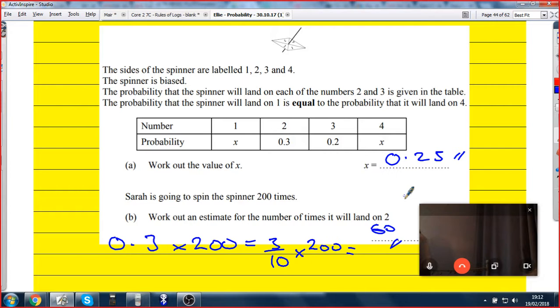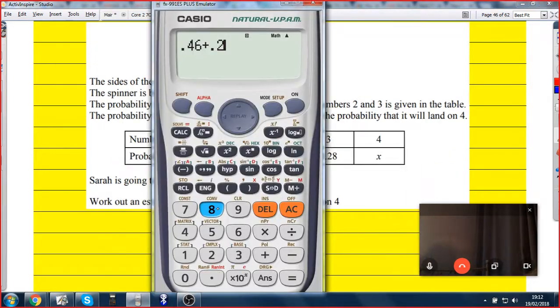So these ones are similar. Any idea how you would find x for this one? There's now 2 unknowns. Would you just add the 0.46 and 0.28 and take it away from 1, and then whatever the answer is, divide by 2? That's it.